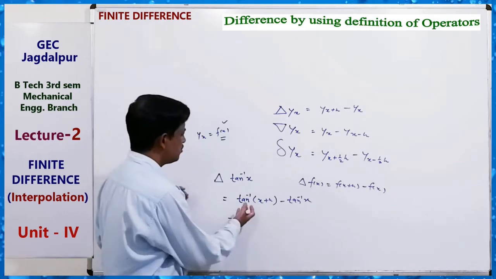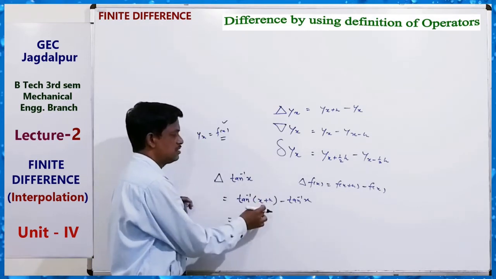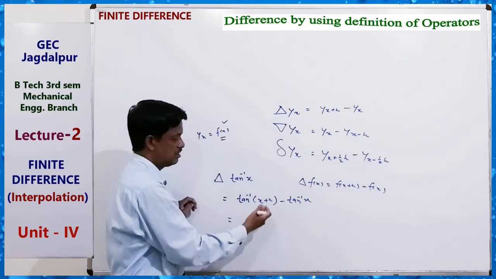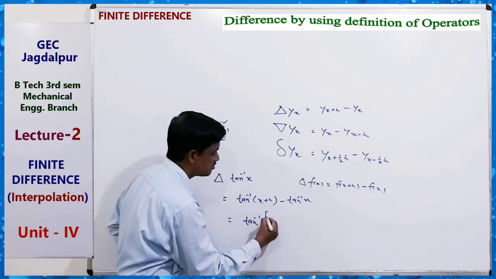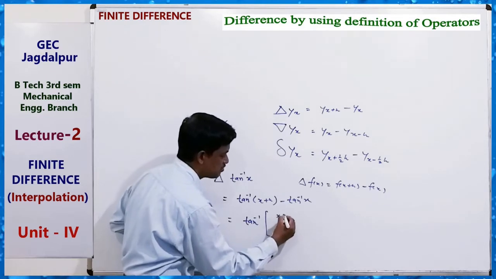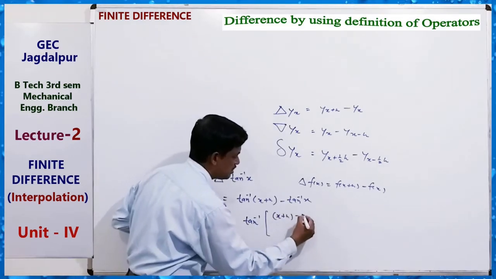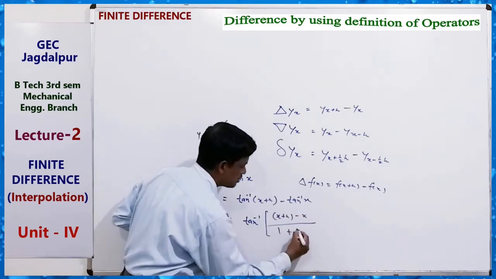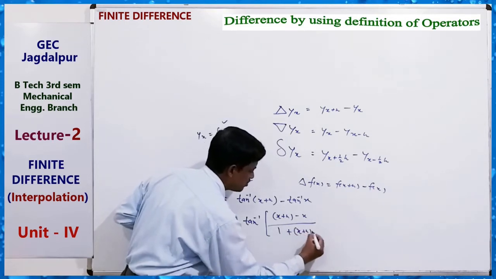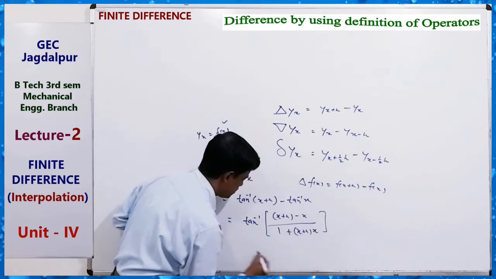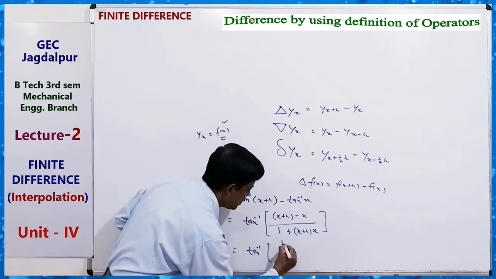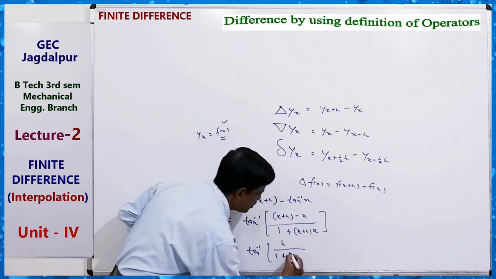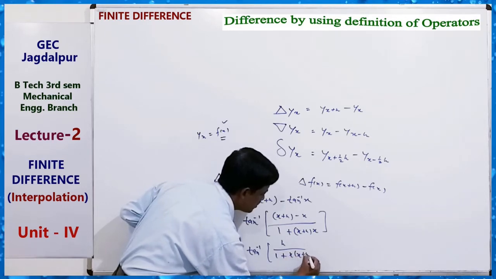So tan inverse (x+h) is tan inverse a, and minus tan inverse x is tan inverse b. We know that tan inverse a minus tan inverse b means tan inverse of (a minus b) upon (1 plus ab). So this is tan inverse of ((x+h) minus x) upon (1 plus (x+h) into x), which equals tan inverse of h upon (1 plus x(x+h)).